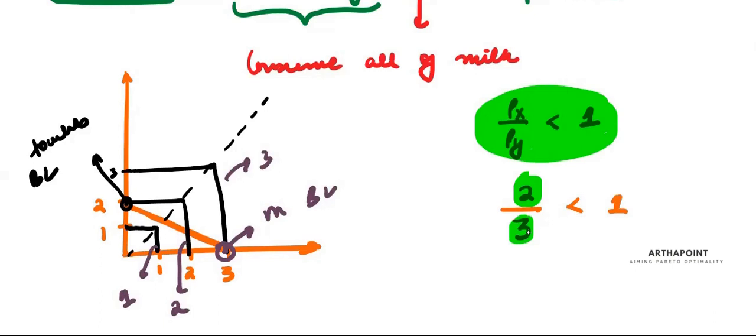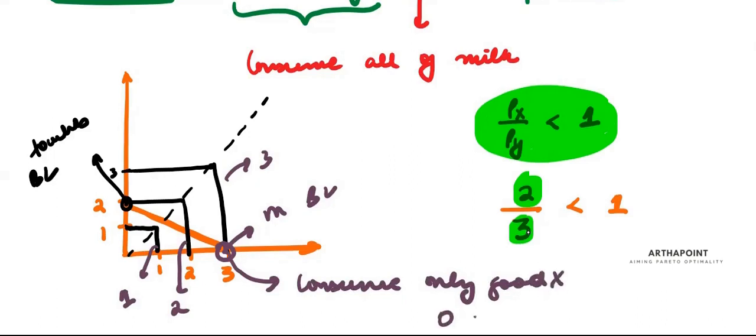And to reach this indifference curve, where am I? I am on a point where I consume only good X and 0 units of good Y. So that becomes my equilibrium.